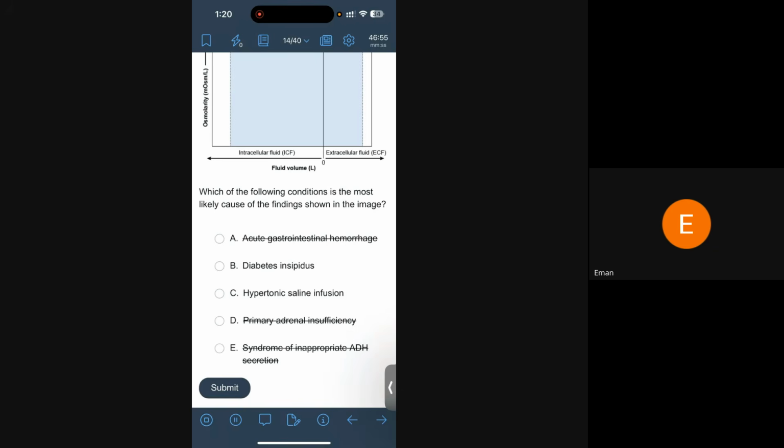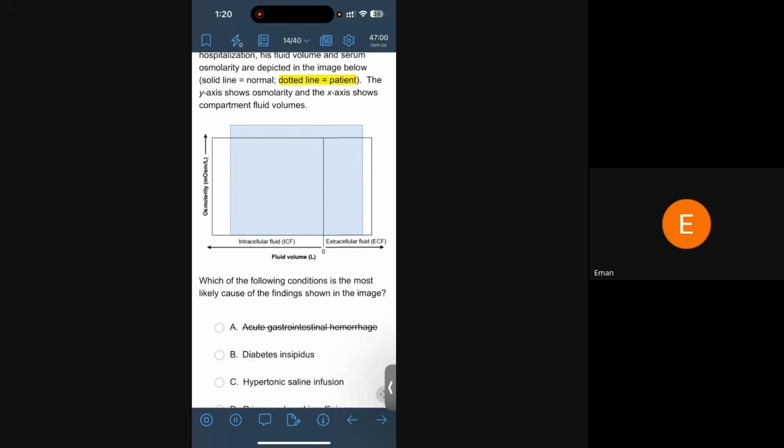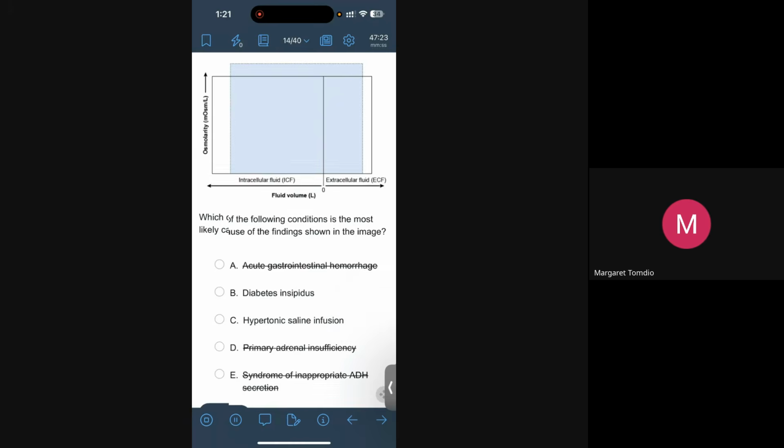So you are going to see increased osmolarity, which is consistent with our patient. And what will happen to the fluid volumes? They will also decrease, because you are losing the free water. So the right answer is going to be diabetes insipidus.